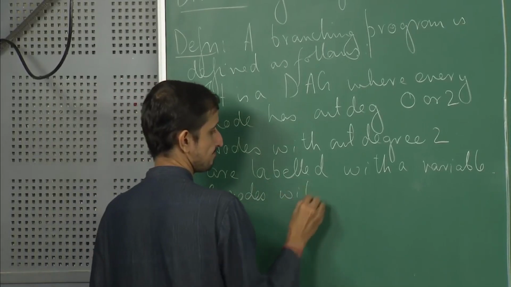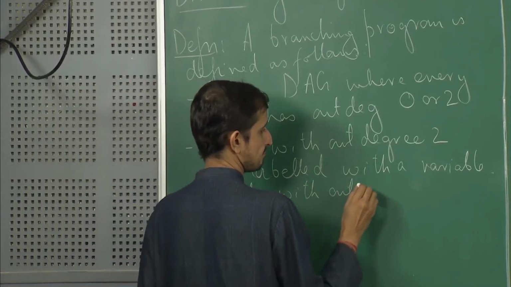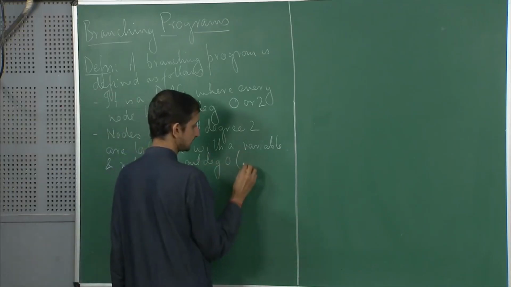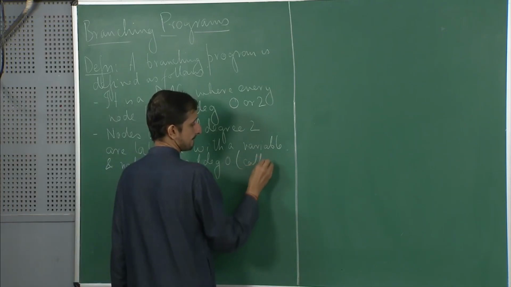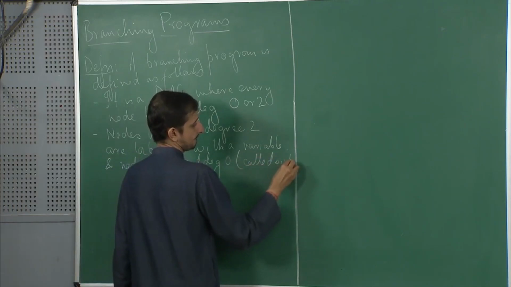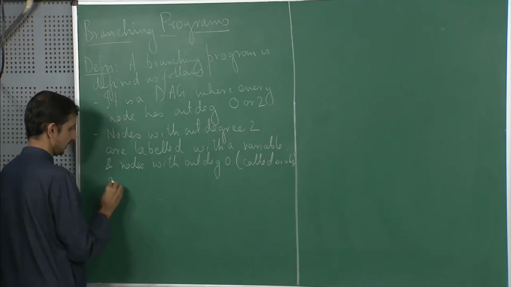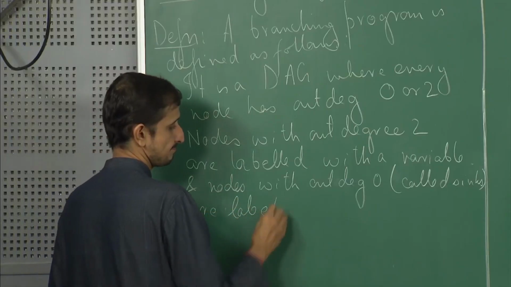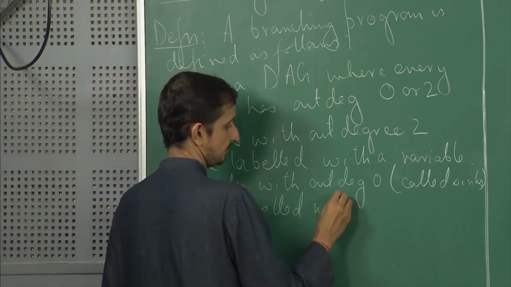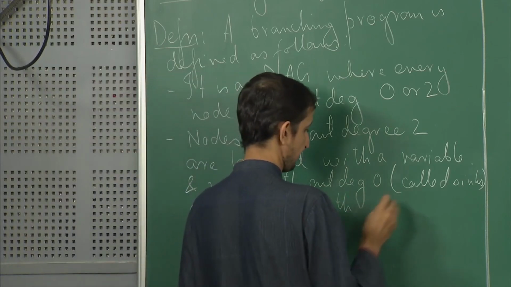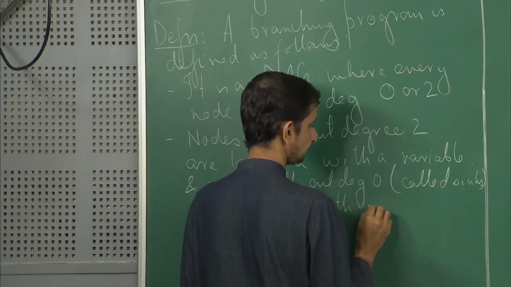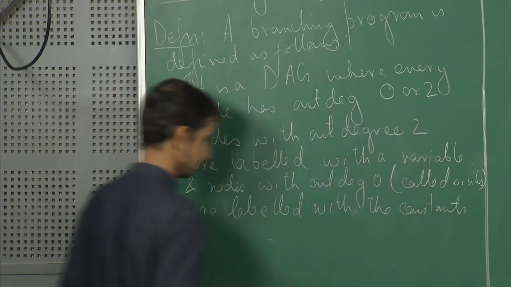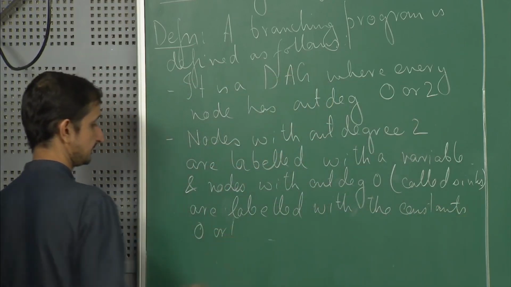Nodes with out degree 0, also called sinks, are labeled with the constants 0 or 1.